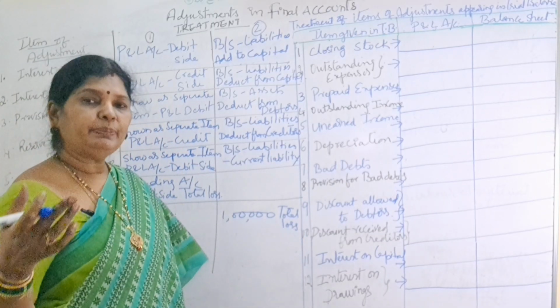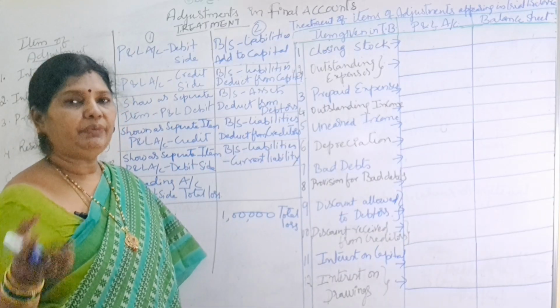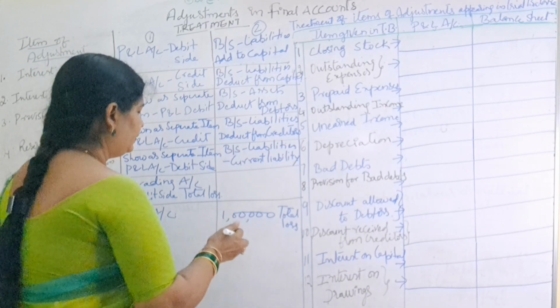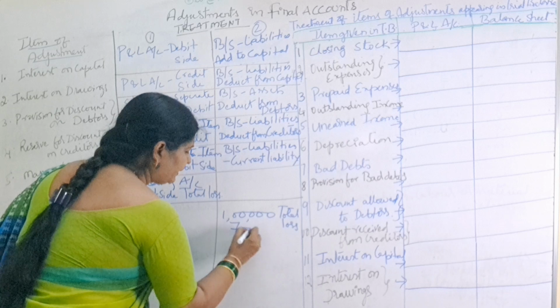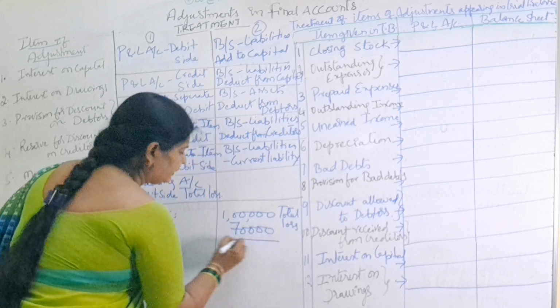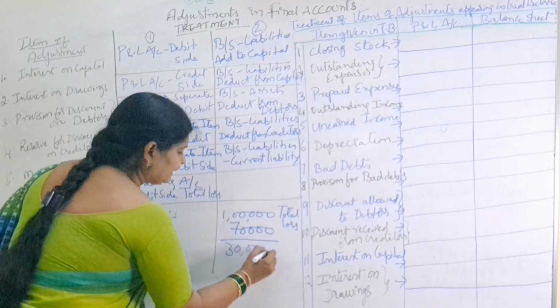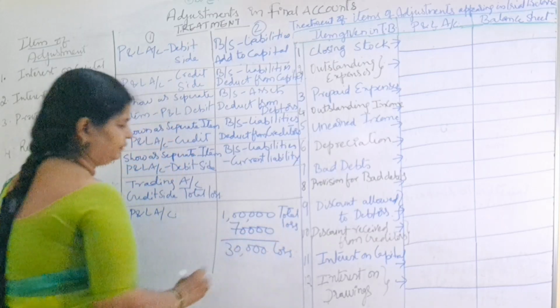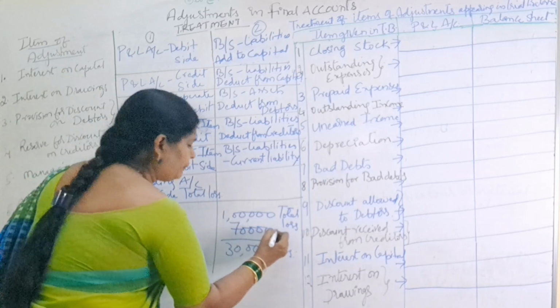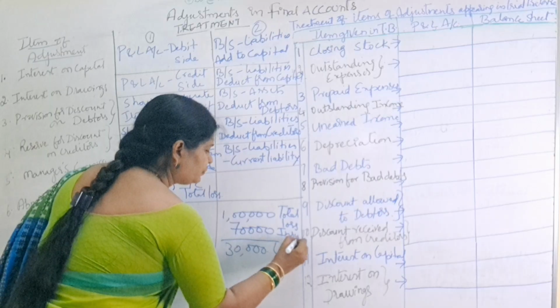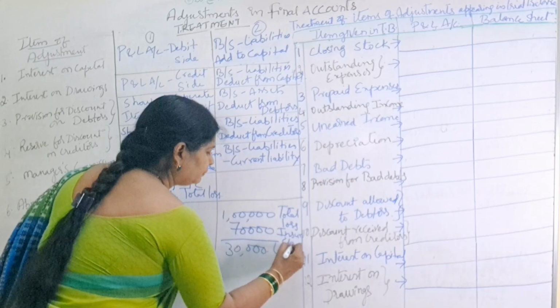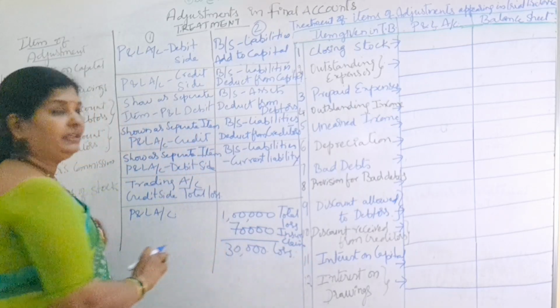So the insurance company settled our claim and we have received 70,000 rupees. So how much amount have we received? 70,000, right? How much have we not recovered? 30,000. So this 30,000 is loss, right? So what is the amount that we have received from the insurance company? Insurance claim is how much? 70,000.